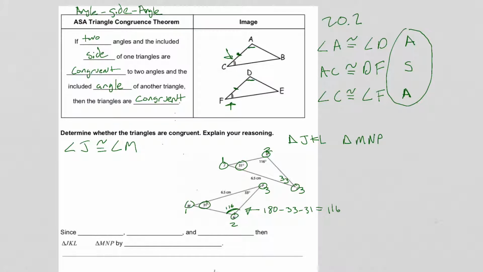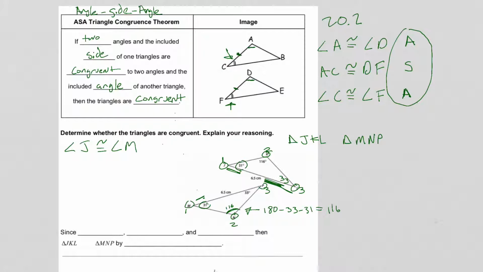Now their side, there's this side right here, and that side right there. Are these corresponding sides? 1 and 3, 1 and 3, they are. So basically, what do they measure? They both measure the same thing, don't they? 6.5. So we certainly have a side that's congruent to another side.